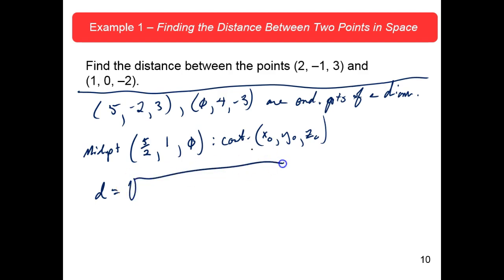Okay, the square root of... You're doing midpoint again, aren't you? We want the distance between these two endpoints. That's your diameter, right?